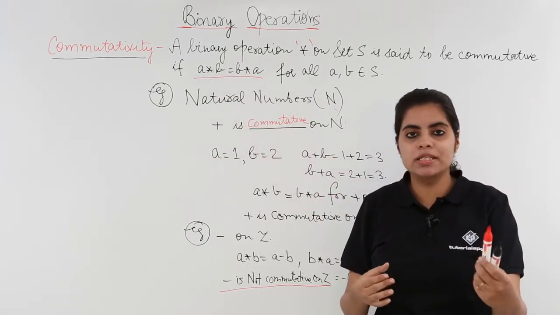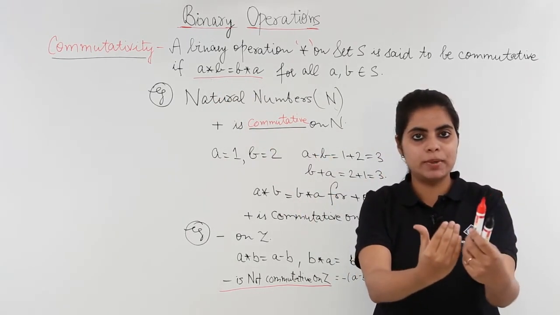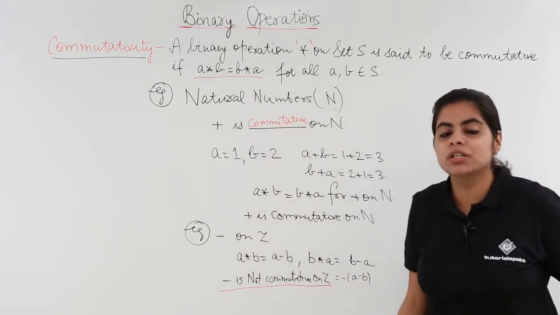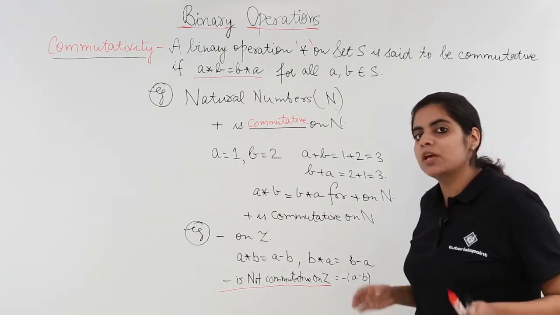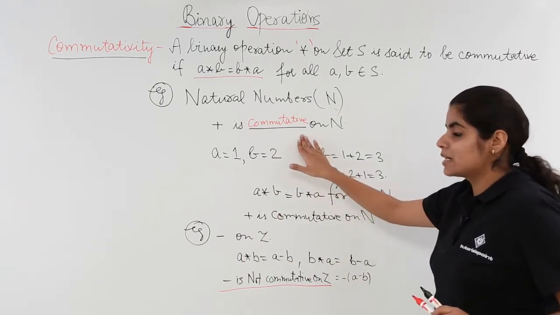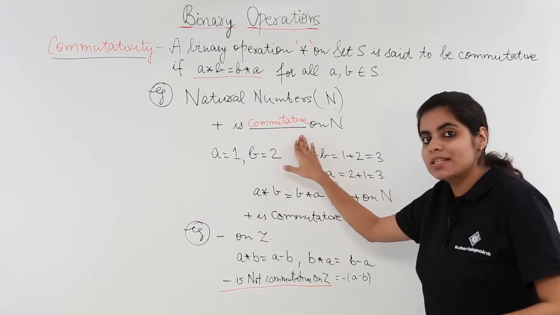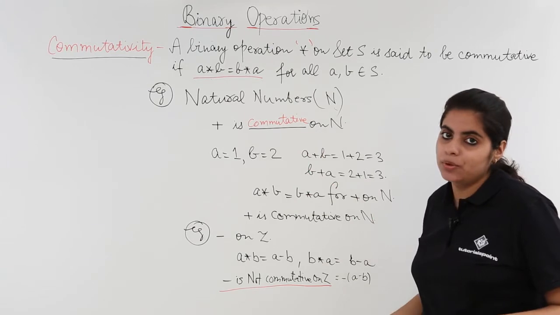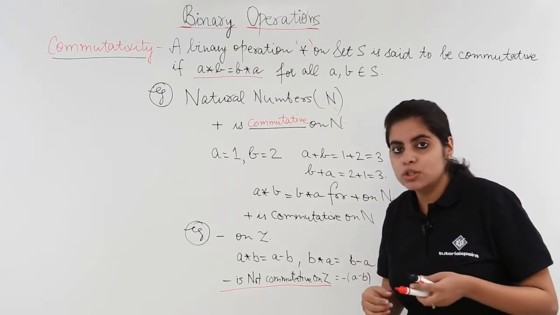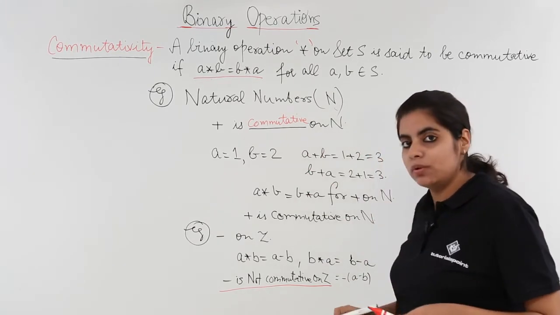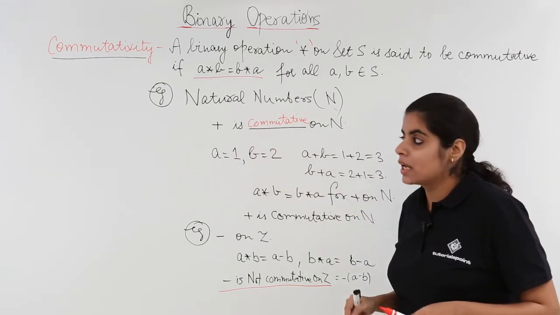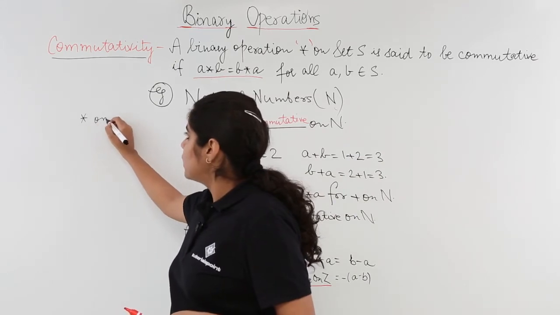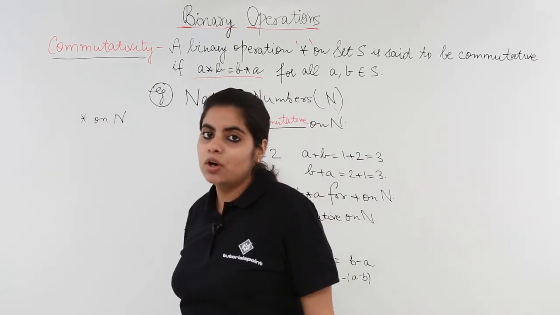If you take the first element and then the second and apply the operation, or you take the second element and then the first and apply the operation, the answer should be the same if it is commutative. In the first example we saw what is commutative, while in the second we saw how some things are not commutative. One more problem can also be given with natural numbers, but now with multiplication instead of plus. Is multiplication on natural numbers commutative or not?